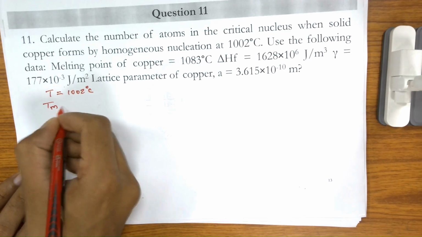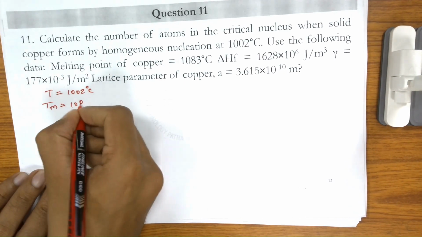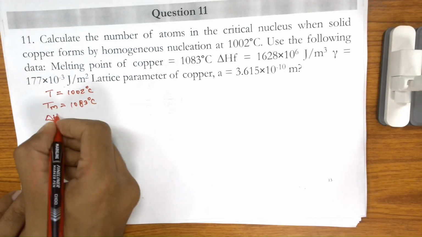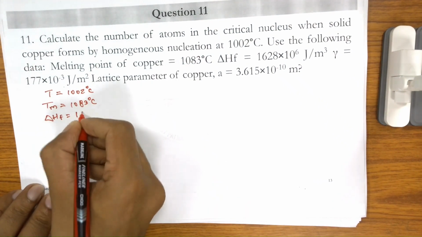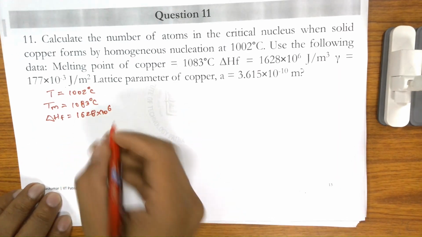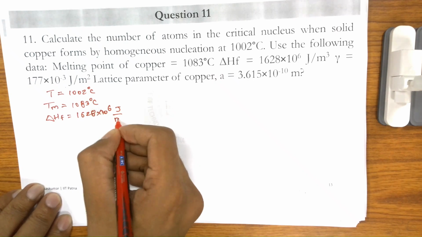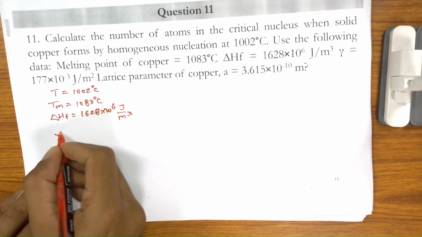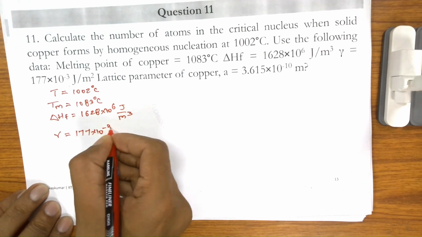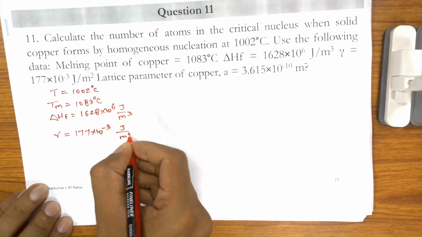The melting point of copper is 1083 degrees Celsius. Enthalpy of formation of nuclei is 1628 into 10 to the power of 6 joule per meter cube. The surface energy is given to us as 177 multiplied by 10 to the power of minus 3 joule per meter square.